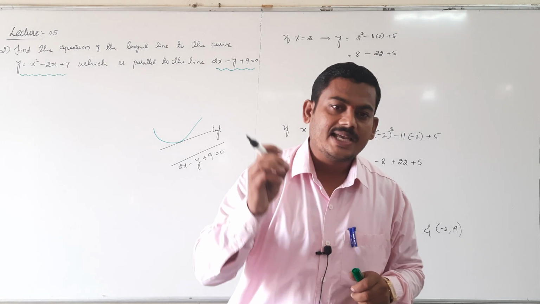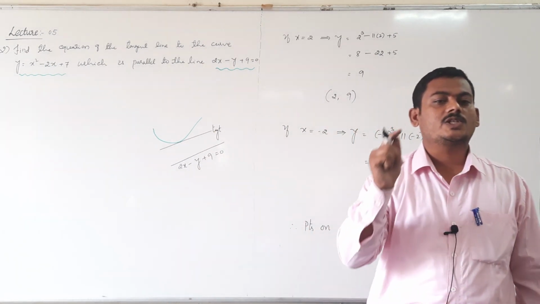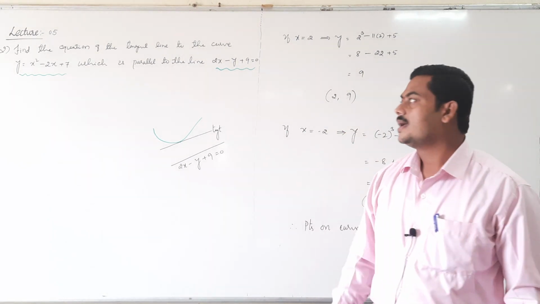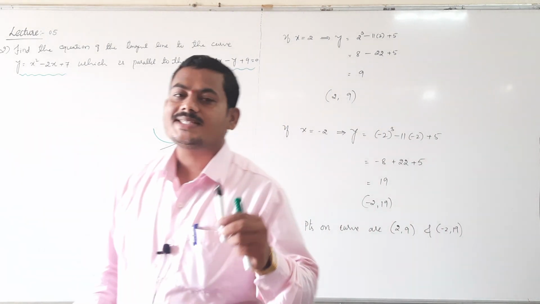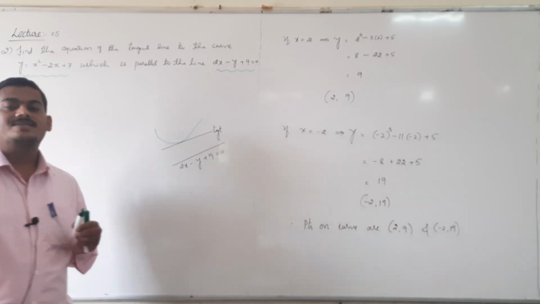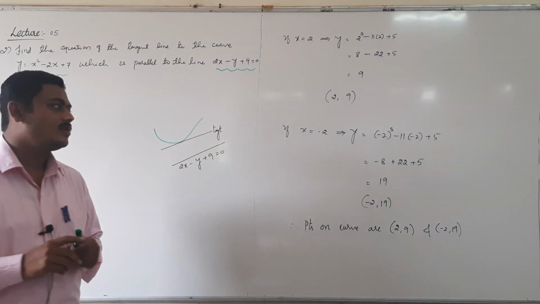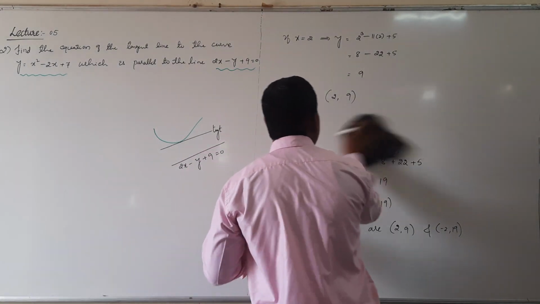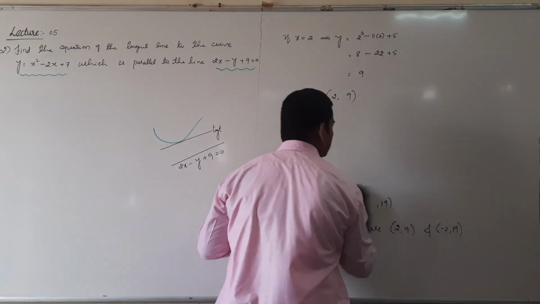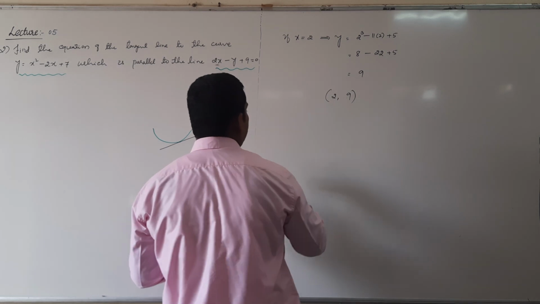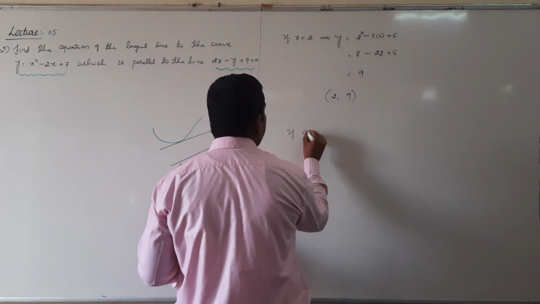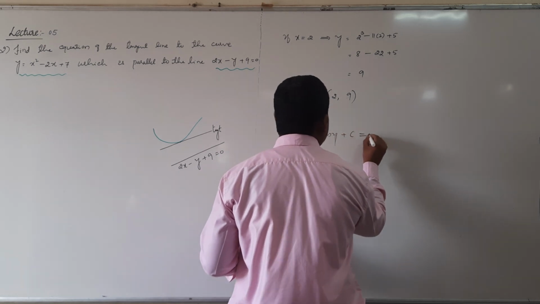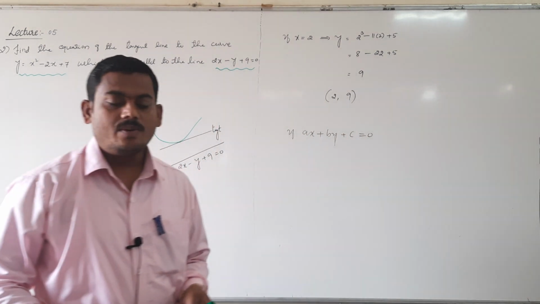Once the tangent is parallel to the given line, the slope of the tangent is the same as the slope of the given line. And already you know the slope of the line ax plus by plus c equal to 0, right? What is the slope?